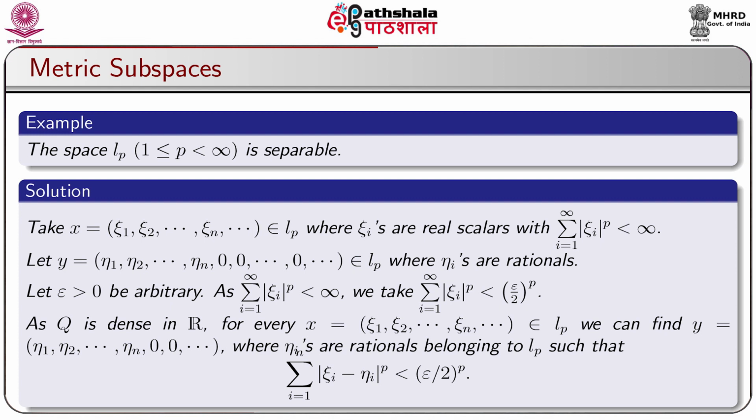As the set of all rational numbers is dense in R with respect to the usual metric, that is, Q is dense in R, that means for every x = (ξ1, ξ2, ..., ξn, ...) belonging to l^p, we can find y = (η1, η2, ..., ηn, 0, ...), that is, the element y has finitely many nonzero coordinates, where the ηi's are rationals belonging to Q, such that the sum from i equal to 1 to n of |ξi - ηi|^p is strictly less than (epsilon/2)^p.